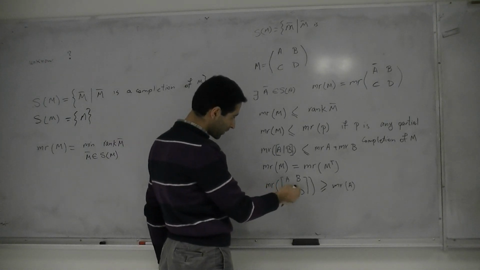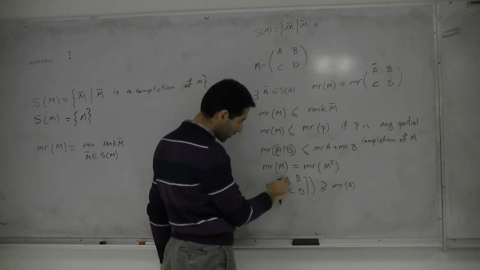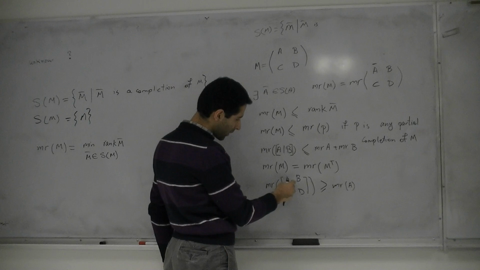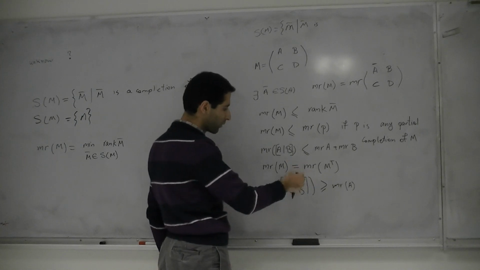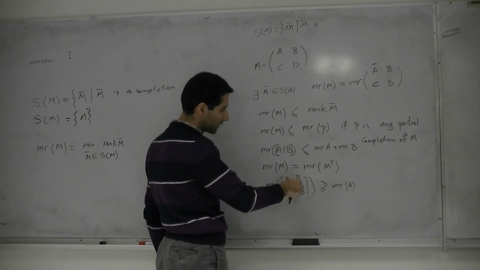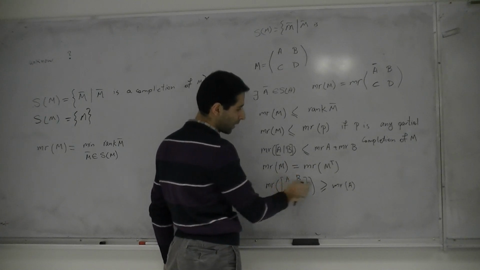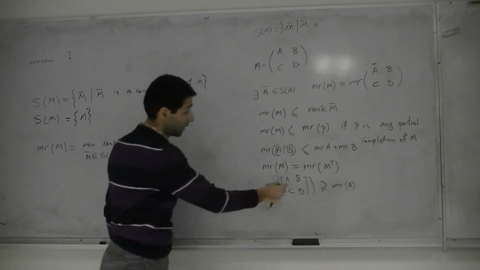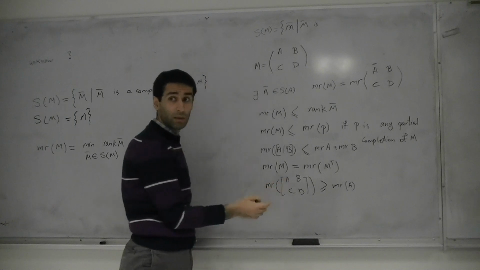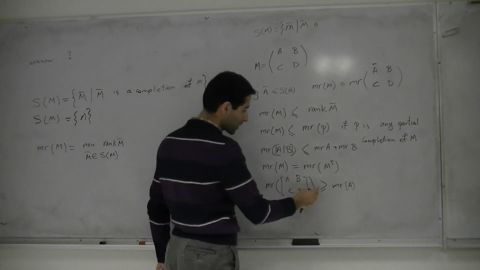It's not a proof, but only an explanation. For example, if you have a matrix and the rank of this submatrix, and the rest is junk rows, the minimum rank is at least equal to the rank of A, and it cannot be less than that.